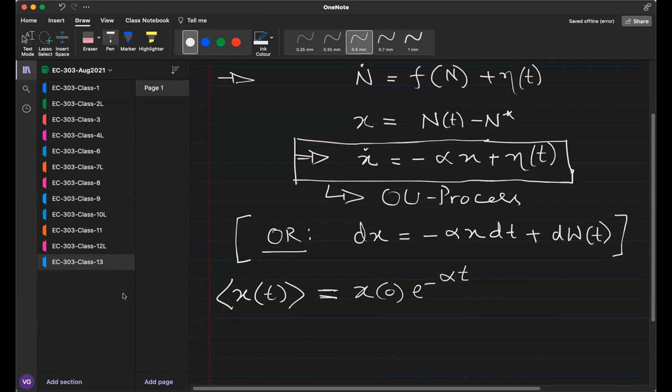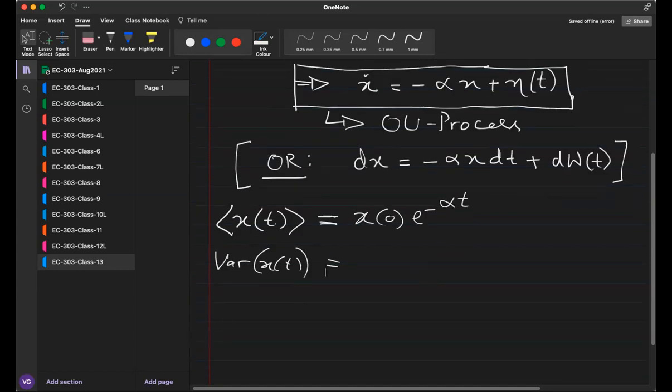We also looked at variance. If I remember correctly, sorry, just trying to get better space for myself when I write.